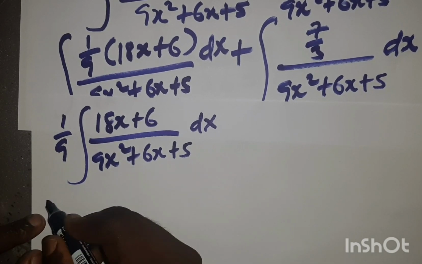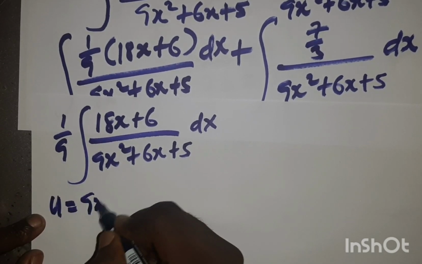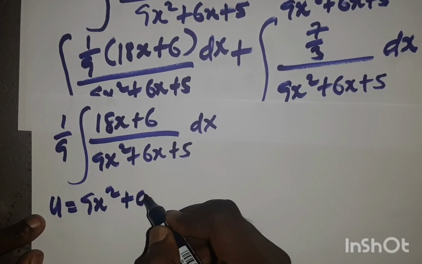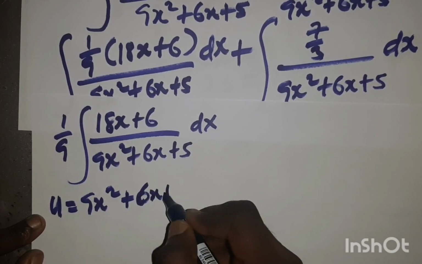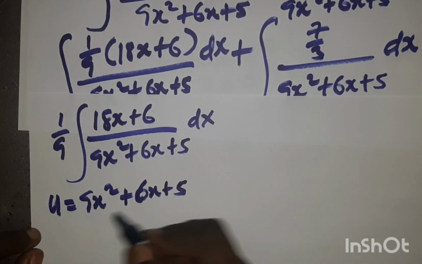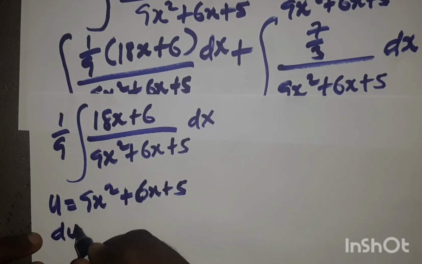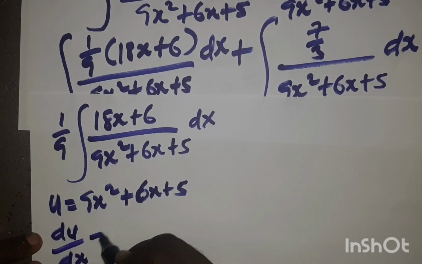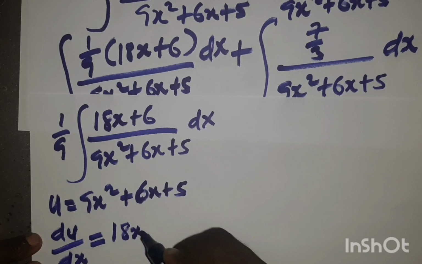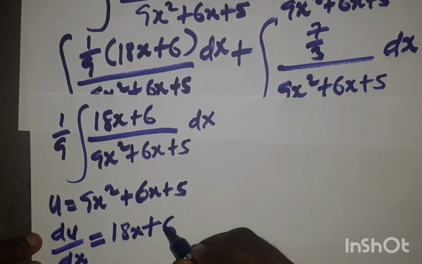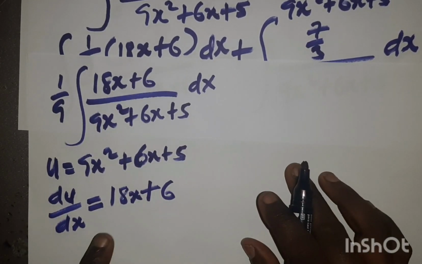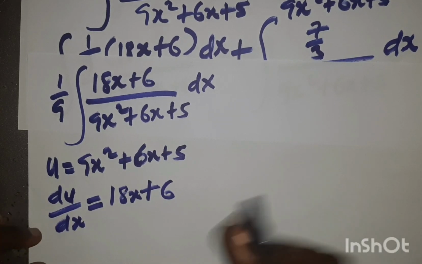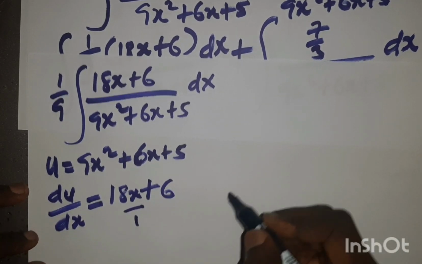My u will now be equal to the denominator, u equals 9x² + 6x + 5. Then of course, du/dx with respect to x will now be equal to 18x + 6. And if I treat du/dx as a fraction, putting this over 1, I can now cross multiply.